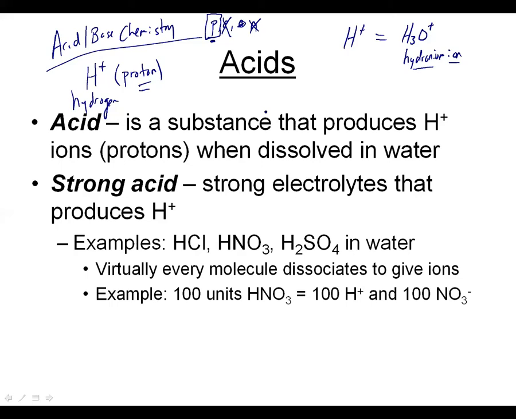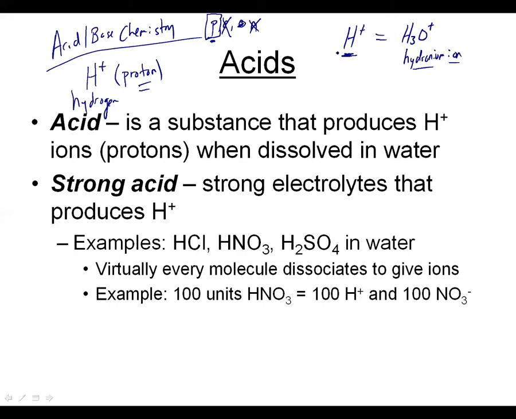We'll talk in a second about why you get H3O plus versus just H plus, but you will see those two used interchangeably. I personally, most of the time in this chapter, will use H plus. So wherever I use H plus, you can substitute H3O plus in its place, and that's the same in formulas and usually equations.